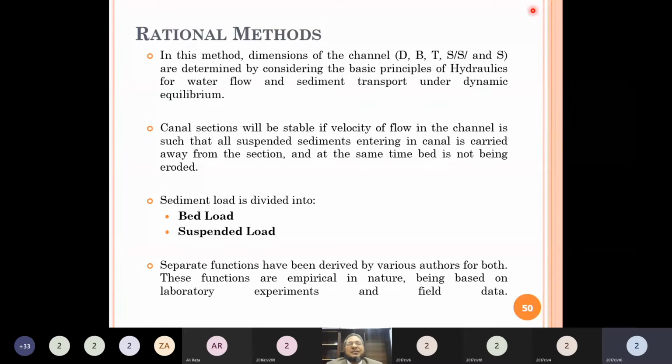Have you carried out the design of lined channels and unlined channels? Lined channels means a lining is provided at the bed and the sides. That lining material may be concrete, brick lining, stone lining, or any other type of lining.